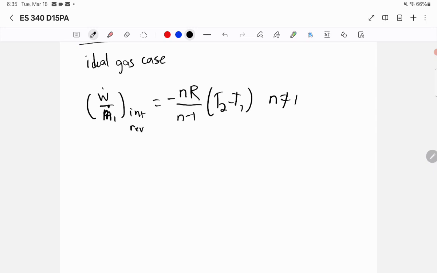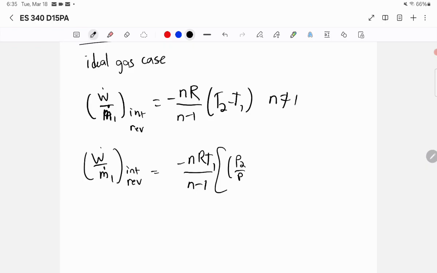I'm just playing around with those relationships up there, that I circled way up there. Or equivalently, minus nRT1 over n minus 1 times the quantity P2 over P1 to the n minus 1 over n, minus 1, for n not equal to 1.